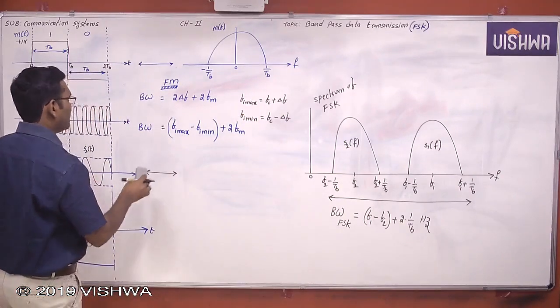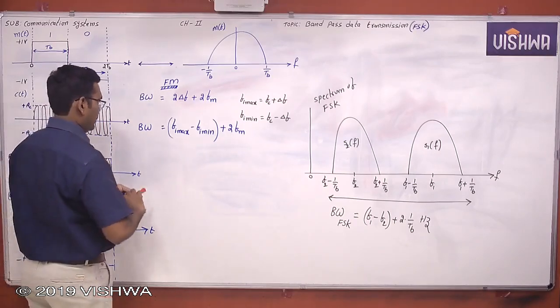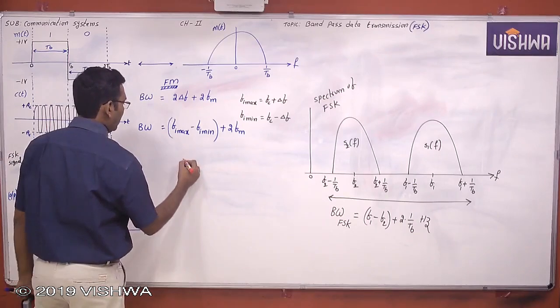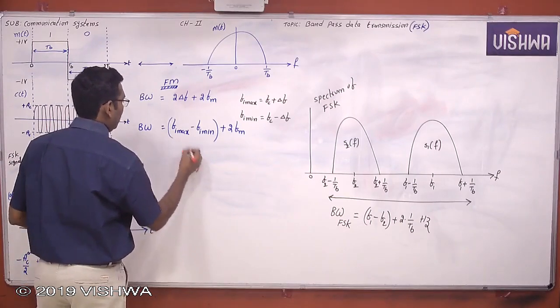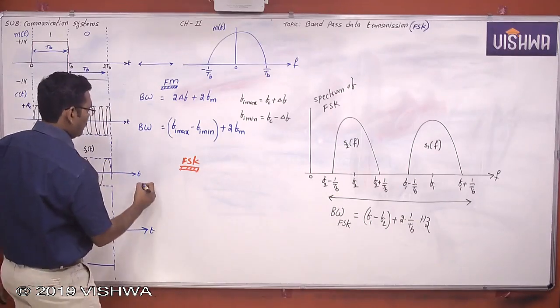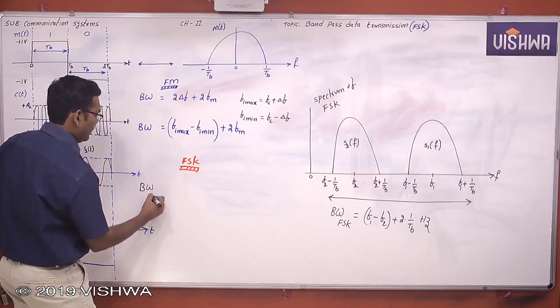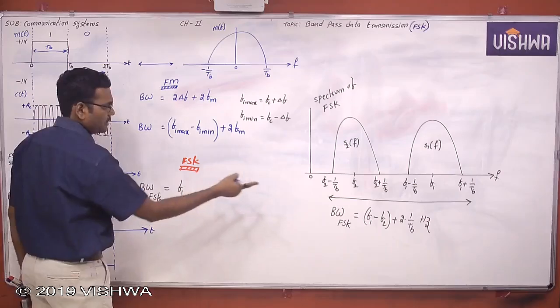So this is in case of FM, but what is in case of FSK? Now in FSK, this is the bandwidth of FSK, where Fi maximum is nothing but F1, is correct?